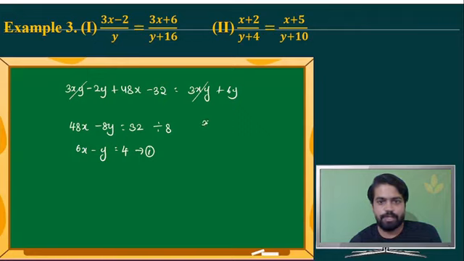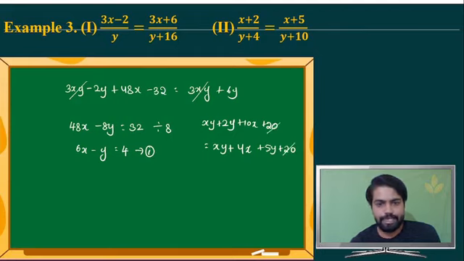When I solve this, I get xy plus 2y plus 10x plus 20, which is equal to xy plus 4x plus 5y plus 20. What I can see is 20 also gets cancelled. So xy gets cancelled. I'm going to bring it to the left side.